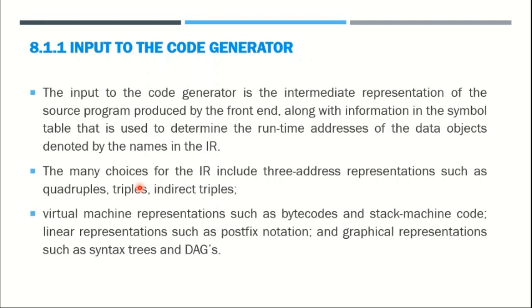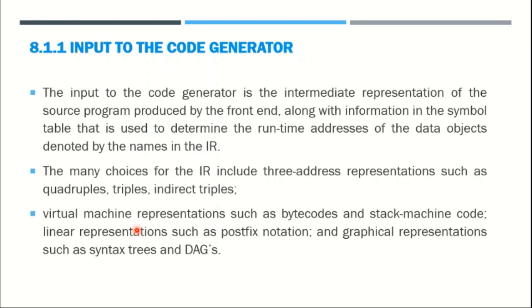Three address code can be represented as quadruples, triples, and indirect triples. Out of these three representations, we can use any one as input to the target code generator. Now we observe the different representations of different machines.